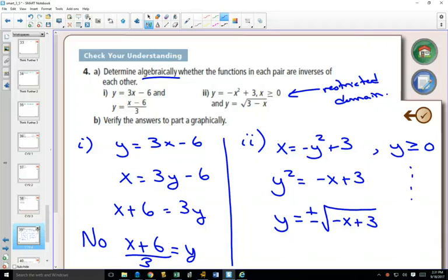But because y is greater than or equal to 0, that means your y values go up. Can you see from that, if you're thinking about a square root, one square root goes up and one square root goes down? Can you see just from this little idea of switching the x and the y, it has to be the positive one.